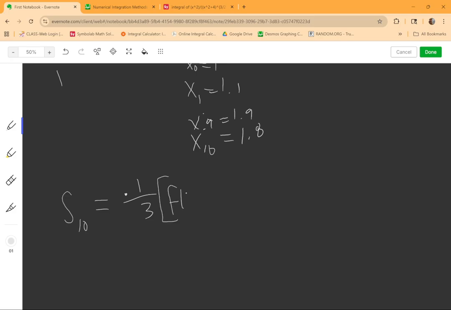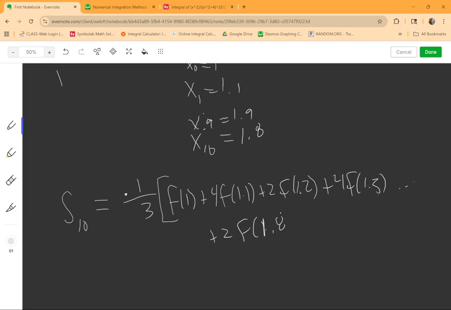And then the setup would be, we start with f of 1, then our coefficient 4, f of 1.1, plus 2, f of 1.2, plus 4, f of 1.3, etc. We keep going till we get to plus 2, f of 1.8, plus 4, f of 1.9, and lastly f of 2. And again, I don't expect that we're doing this by hand. It's just a lot of repetitive calculations.